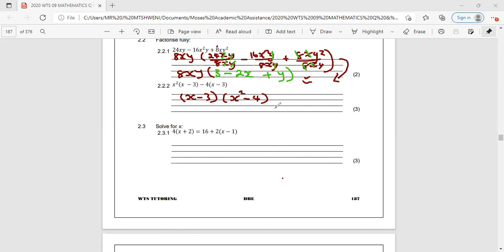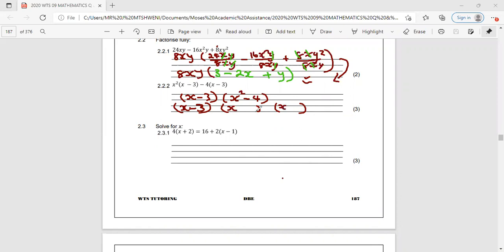Looking at this, we'll notice that these are difference of two squares. You'll notice that this is under the topic of difference of two squares. Only the one x squared minus 4. So you continue, say x minus 3. Okay. From there, put brackets like this to be x here, x here.